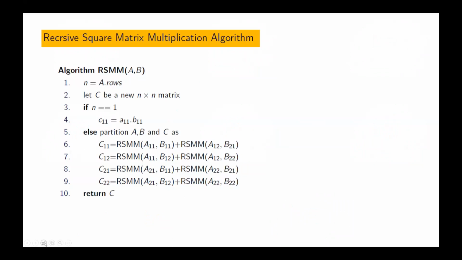So what is the recurrence for the running time of this algorithm? If both A and B are n by n matrices, what is the recurrence for the running time of this algorithm?